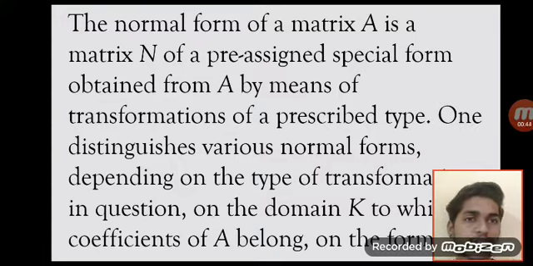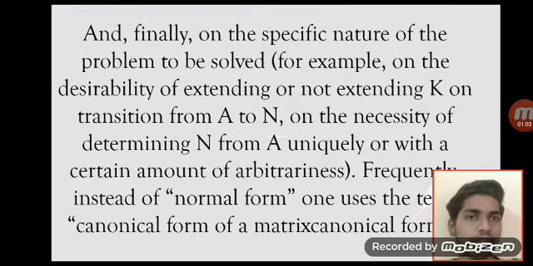One distinguishes various normal forms depending on the type of transformation in question, on the domain K to which the coefficients of A belong, and finally on the specific nature of the problem to be solved.